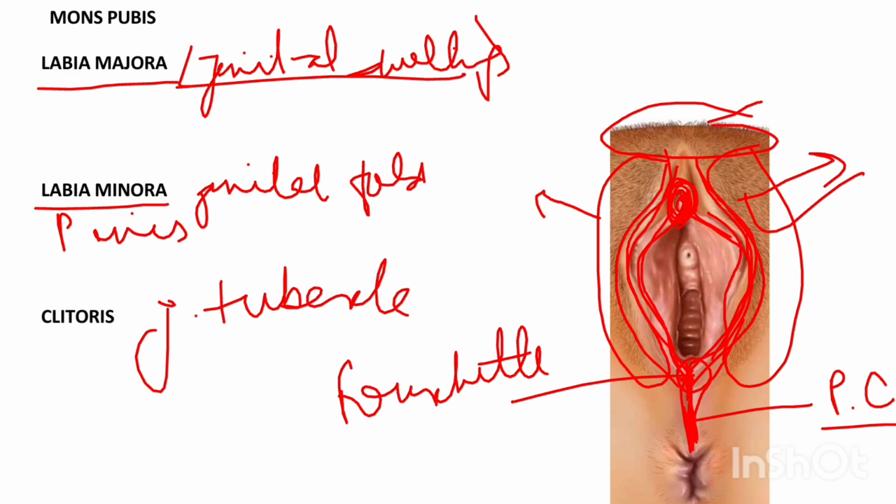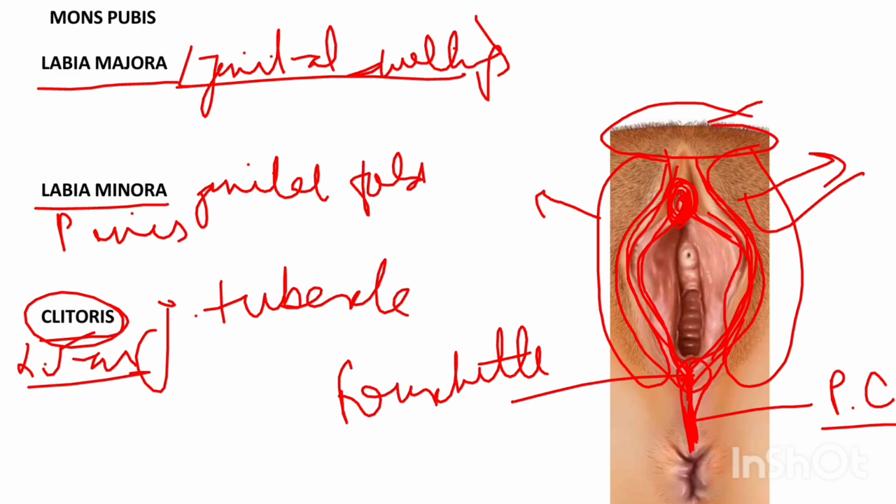Clitoris, what is the length of this? 2.5 centimeters, and it is derived from genital tubercle, which was previously discussed. It contains glans, body, and two crura. The glans is covered by squamous epithelium. You should know which epithelium is present in which part. It is analogous to the penis, but at 2.5 centimeters it is too short as compared to the penis.